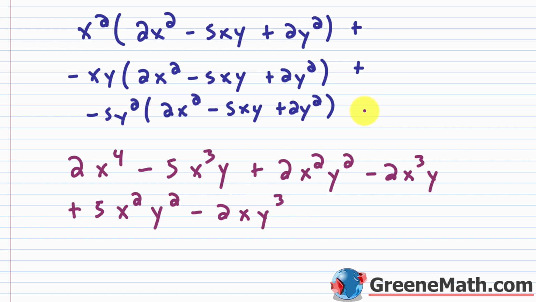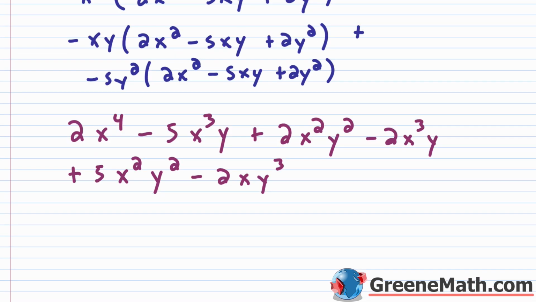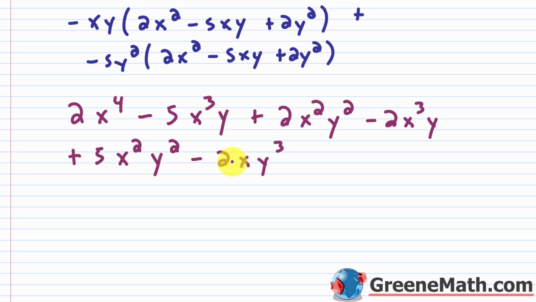Then for the last part here, let me scroll down and get some room going. Again, the last part here, negative 5y squared times 2x squared. We'll put a negative or minus there. 5 times 2 is 10. And then you just have x squared y squared. And then you have negative 5y squared times negative 5xy. So negative times negative is positive. And then 5 times 5 is 25.